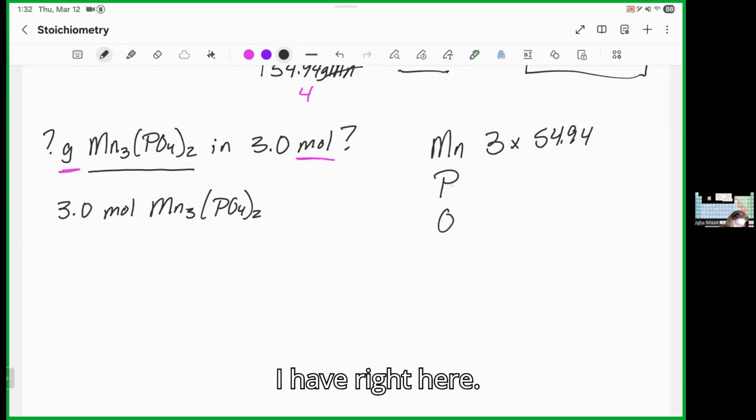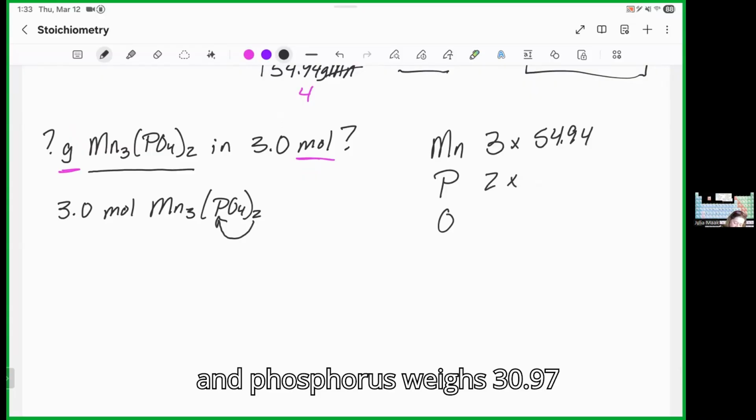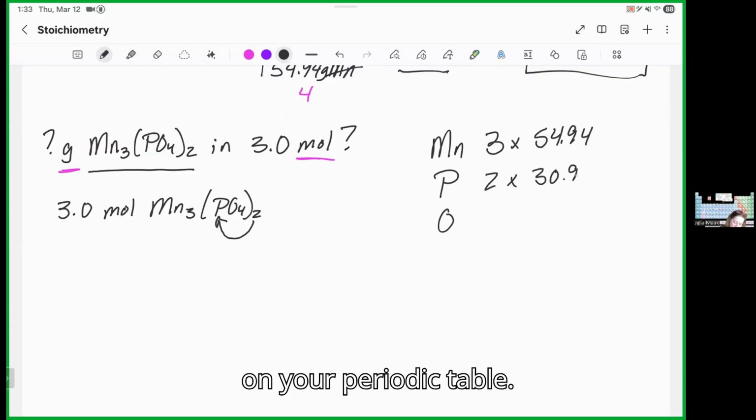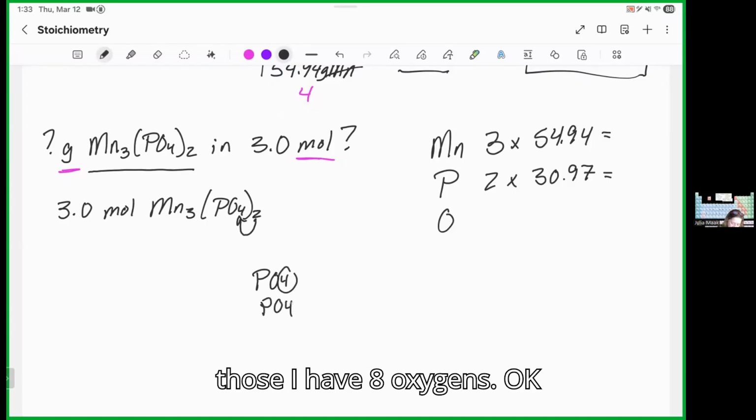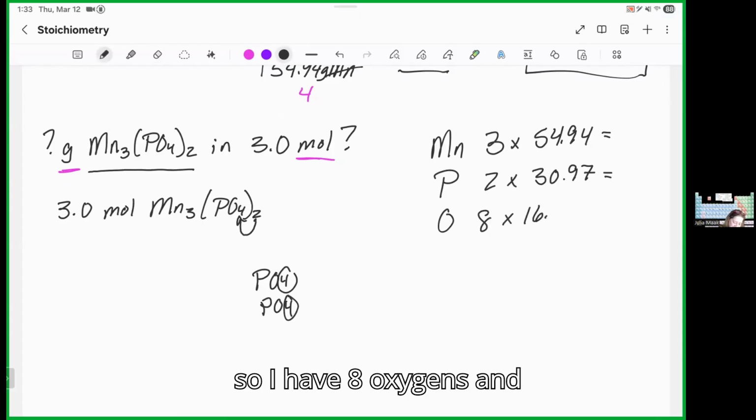I have 2 phosphoruses, and phosphorus weighs 30.97. And oxygens, I have 8, because if I had 2 of those, I have 8 oxygens, and oxygen weighs 16.00.